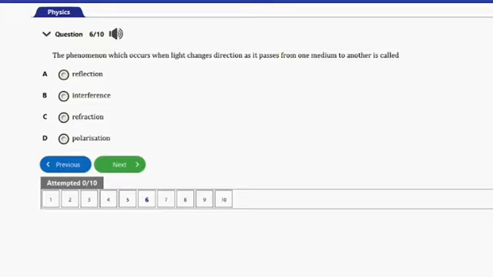So guys, the answer to this question is option C, and that's refraction. So when light travels from one medium to another medium of different densities, they actually change direction, and that phenomenon is known as refraction. So let's go ahead and consider the next question, guys.